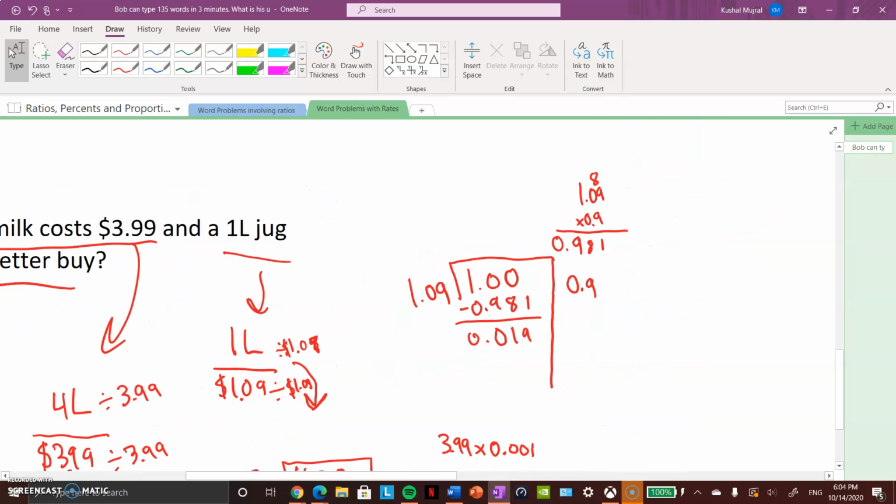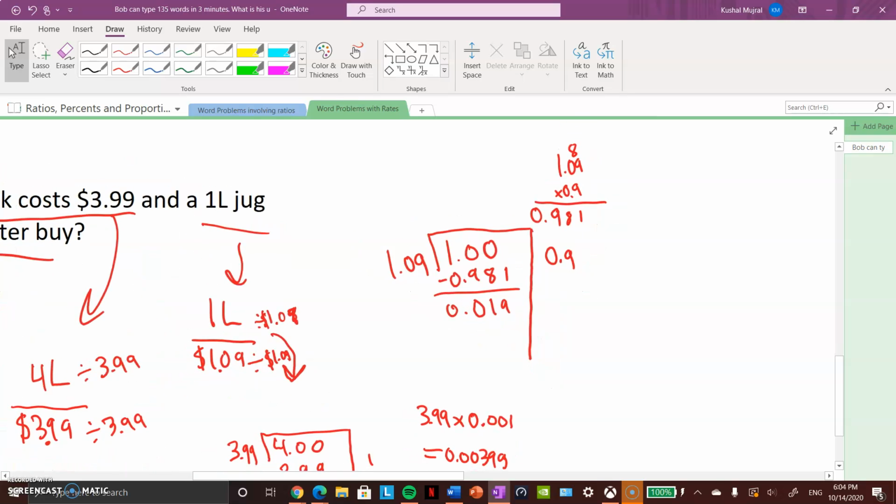And then we'll do it one more time. How many times does this go into here? We'll say minus 0.0109, and let's see, 1.09 times 0.01 equals 0.0109.